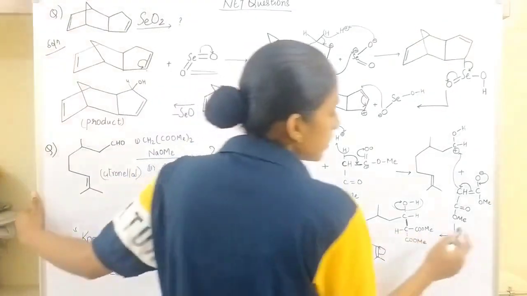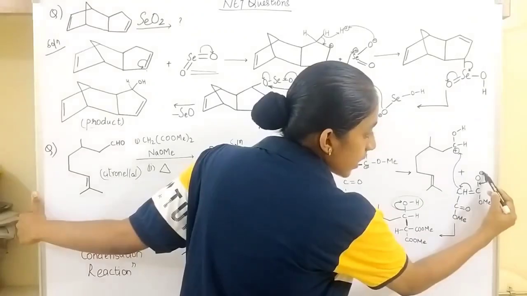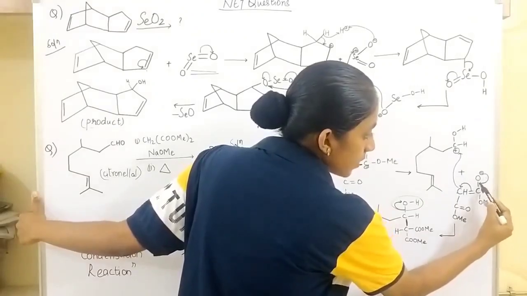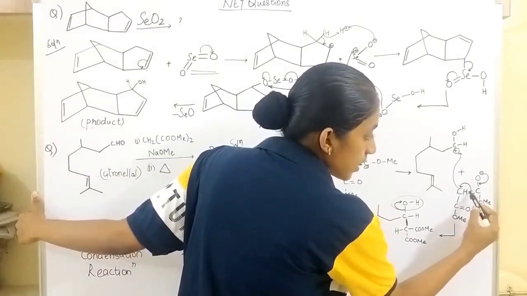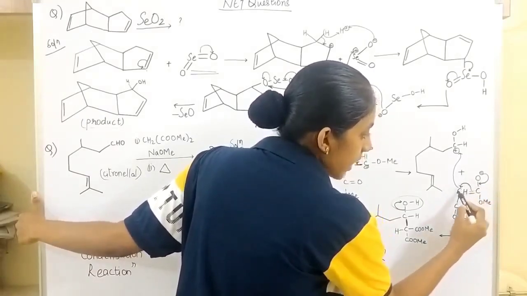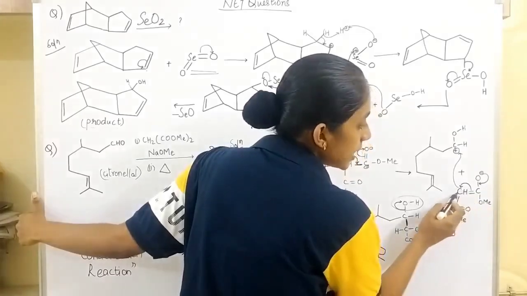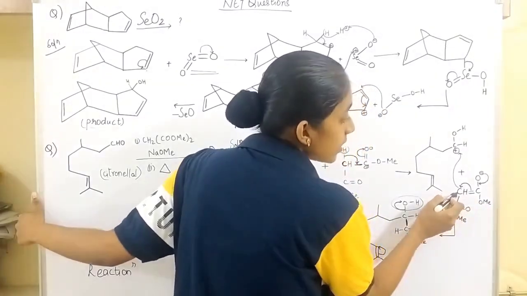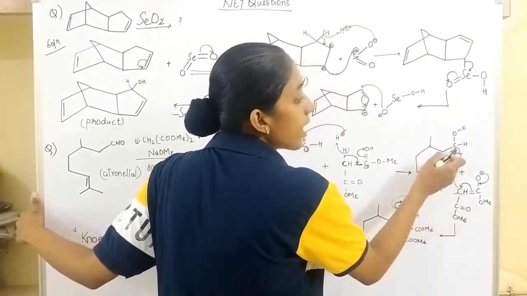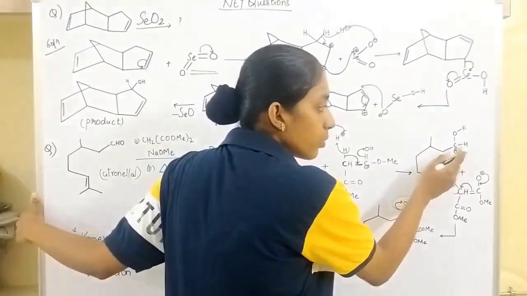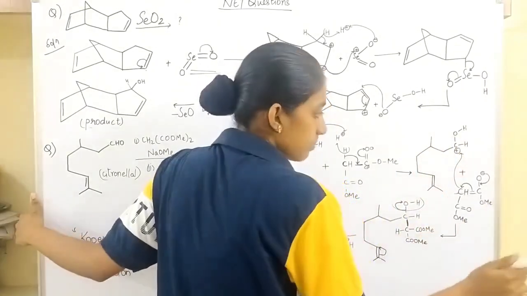So for that what happens here is, the negative charge on oxygen is shifted between this carbon and oxygen, forming a double bond, and this extra bond is taken by this carbon, leaving this carbon negatively charged. Now this negatively charged carbon will be acting as a nucleophile and that will attack the electrophilic carbonyl carbon present in citronellal.